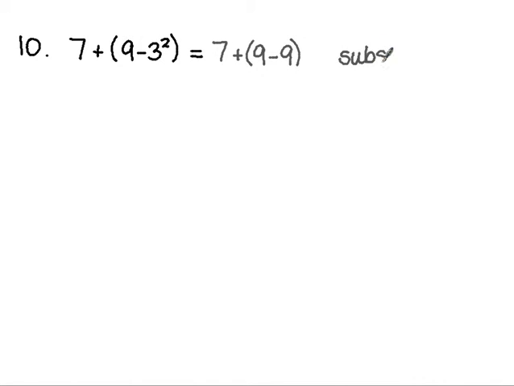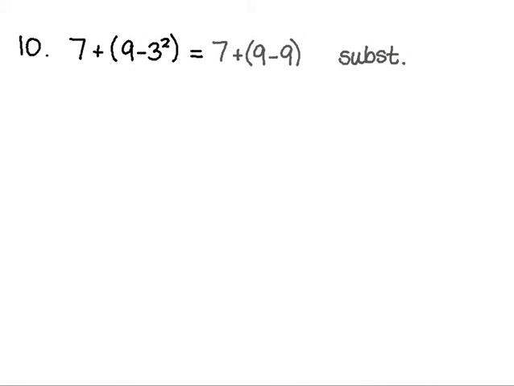So on number 10, the problem is 7 plus 9 minus 3 squared. So if I was going to go ahead and do the next step, what would be the very first thing I would do to solve this problem? 3 squared, which is 9. So this reason is substitution.